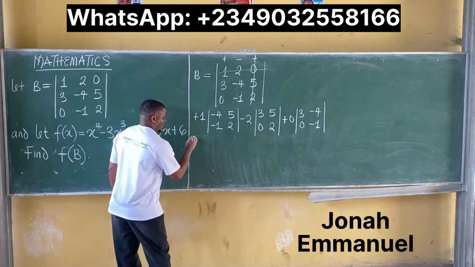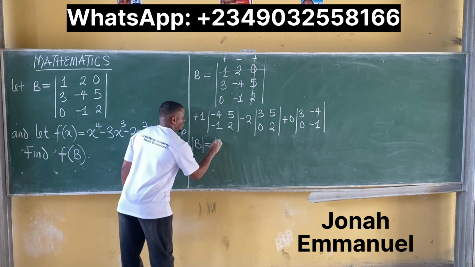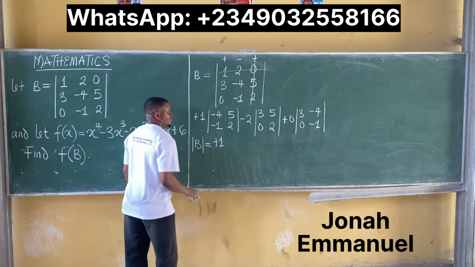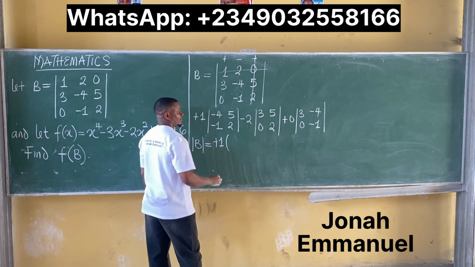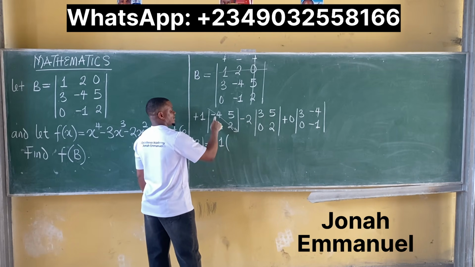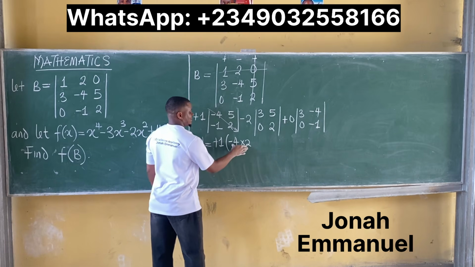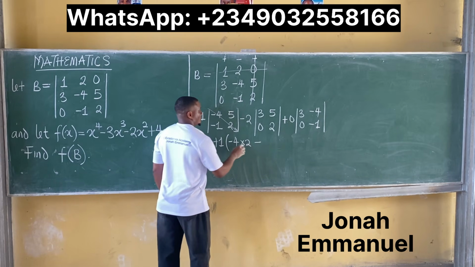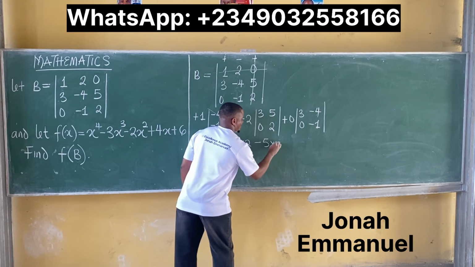Now, the determinant of B is equal to plus 1 into, multiply your principal diagonal, minus 4 times 2, minus multiply the other diagonal, 5 times minus 1.